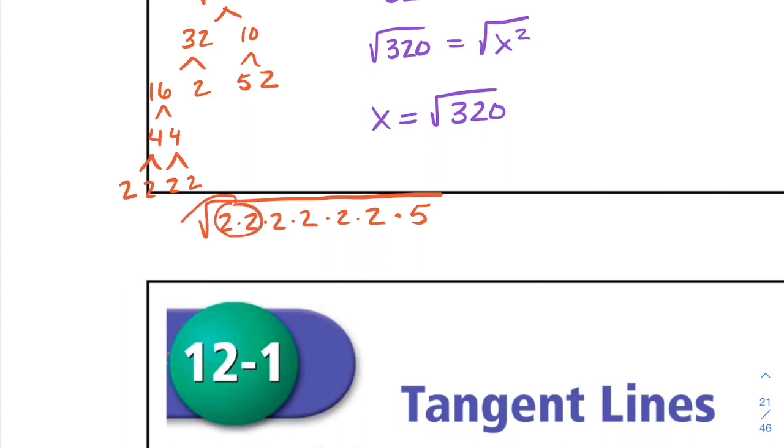So we're going to pull one set of 2's out. Pull one set out. We'll pull another set out. We'll pull a third set out.